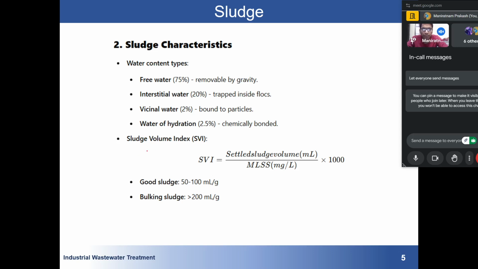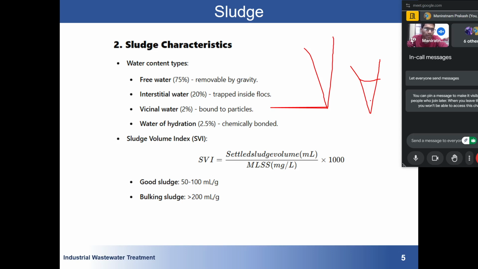The best way to measure is the sludge volume index. We have an Imhoff cone, this V-shaped structure. If we want to measure how much settleable solid is there in our wastewater sludge, we take 1 liter of that sludge and pour it into this glassware known as an Imhoff cone.